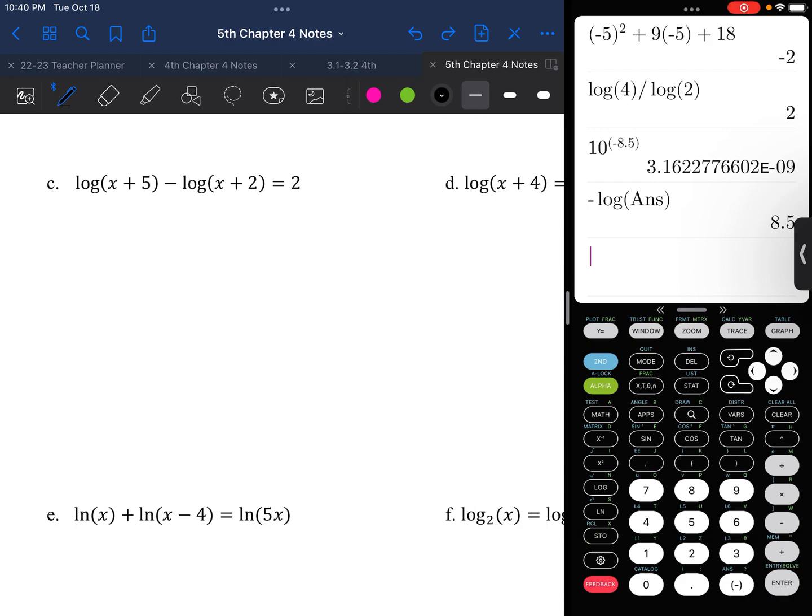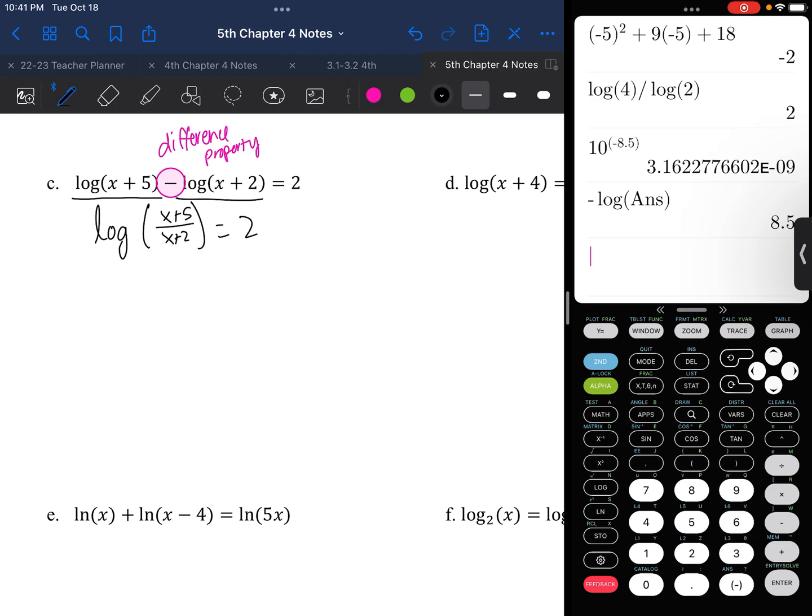Okay, so on this one, I'm noticing first of all that there's two logs, and there's a subtraction sign in between them. This tells me right away I want to use the difference property. So we're going to have the log of x plus 5 over x plus 2 equal to 2.